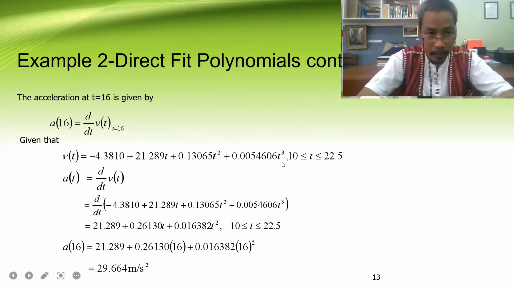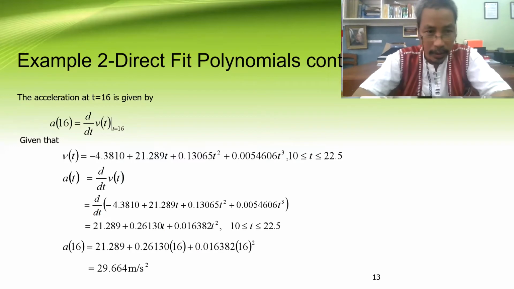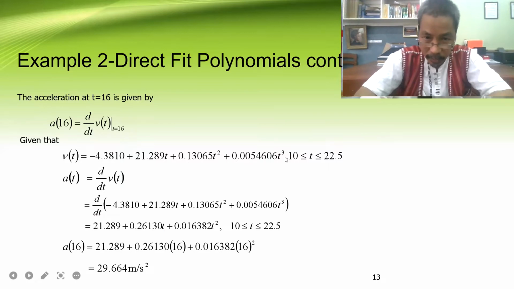Therefore, the acceleration at time t equal to 16 is given by taking the derivative of our direct fit polynomial. We take the first derivative and we have the equation for acceleration.